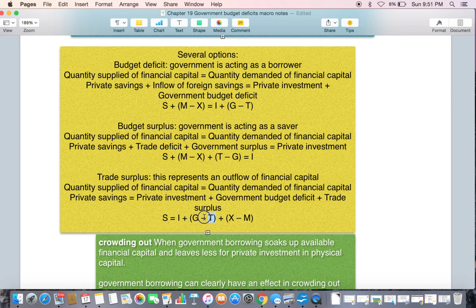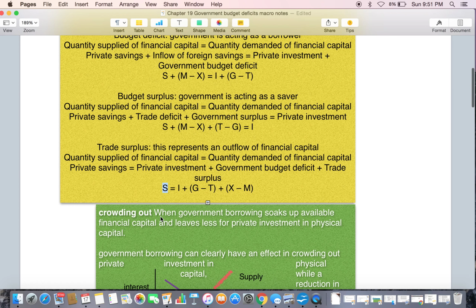And our government budget deficit will be where our government expenditures are greater than our tax revenues. And so that amount of the government budget deficit is how much we will actually have to finance with the issuance of treasuries that need to be purchased by somebody. And so here they're going to be purchased by private households.